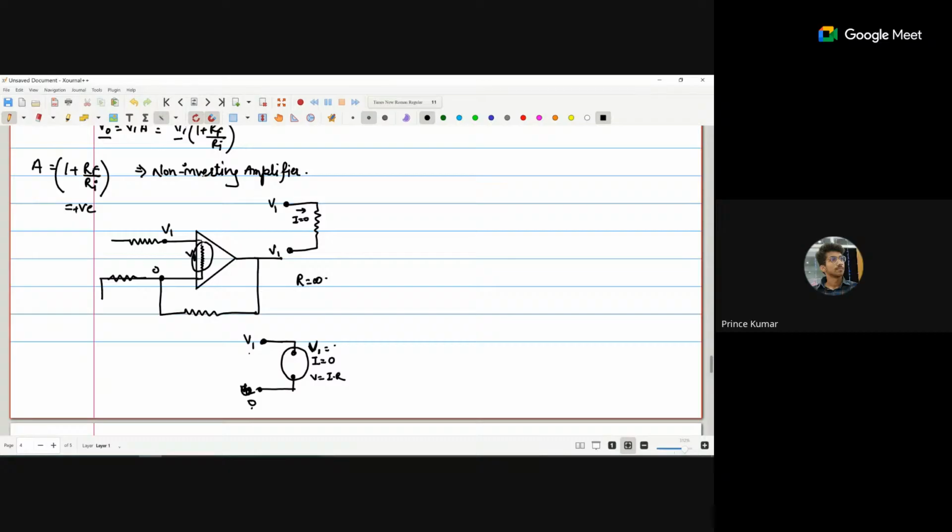If this is V1 and this is also V1, then the current I is 0.